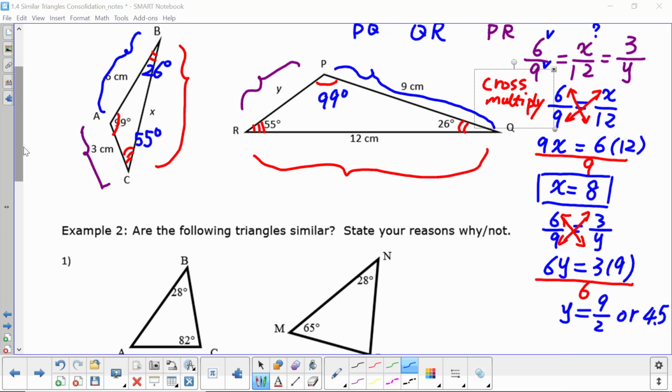So in example 1, we have used corresponding angles to find the unknown angles, and we have used corresponding ratios are equal to solve for the unknown side. When we are using the corresponding ratios, you need to pick two ratios to set up one equation with one equal sign. Then we could use cross multiply.